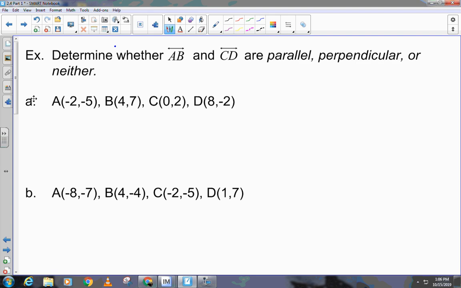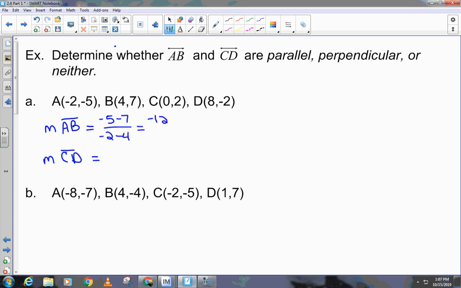So in order to determine if they're parallel, perpendicular, or neither, we need to look at their slopes. So we're going to look at the slope of line AB and the slope of line CD. Okay? Remember, difference in the y's over the difference in the x's. So we're going to do -5 minus 7 on top and negative 2 minus 4 on the bottom.